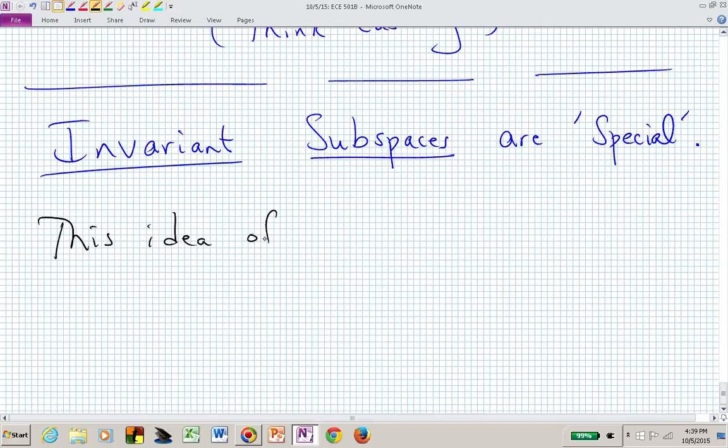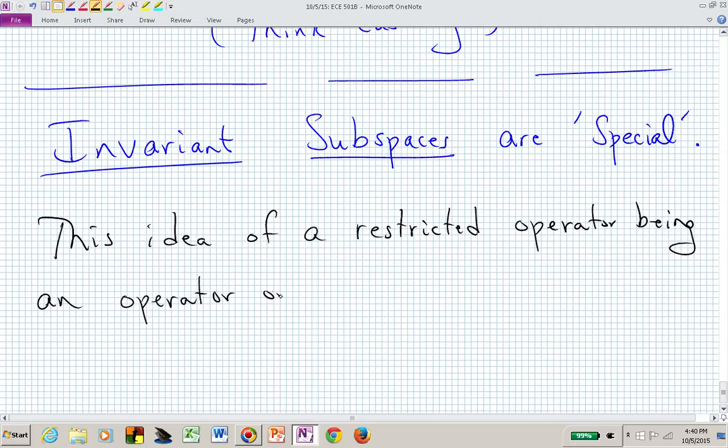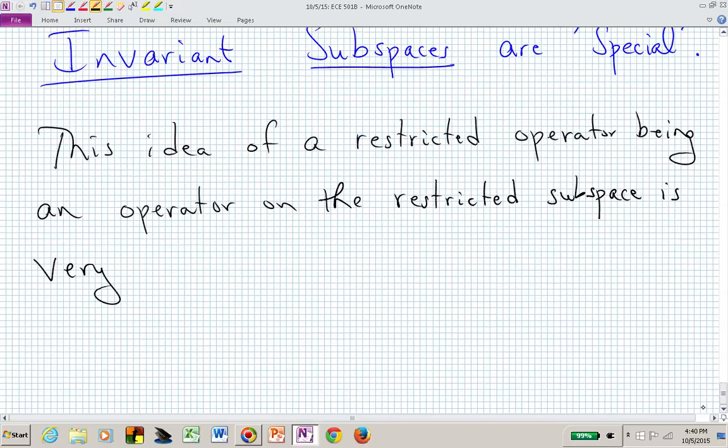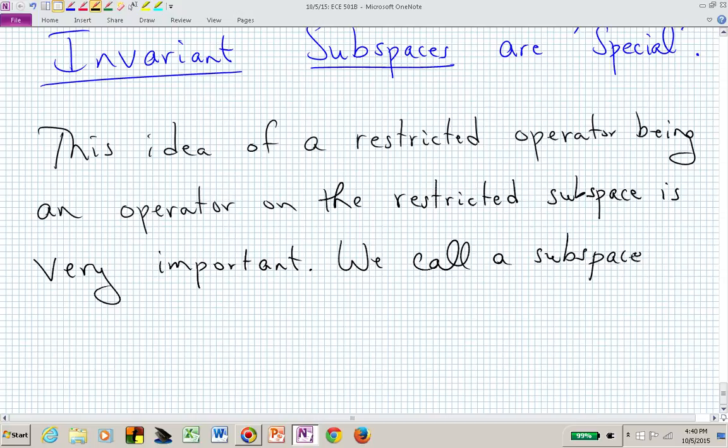This idea of a restricted operator being an operator on the restricted subspace is not only a special idea, but it's very important. And that's why we've introduced this new terminology.